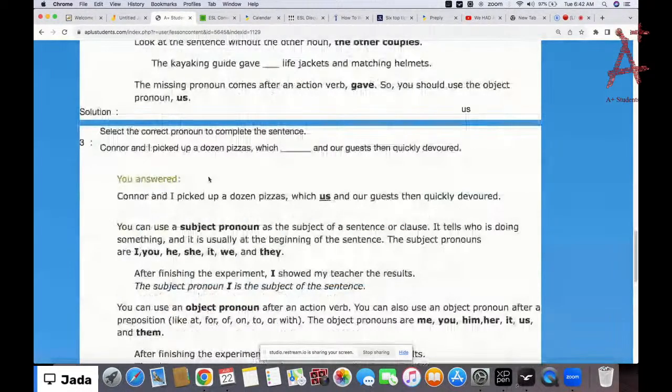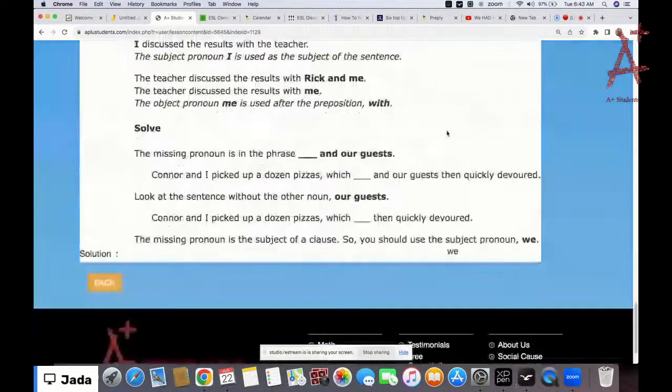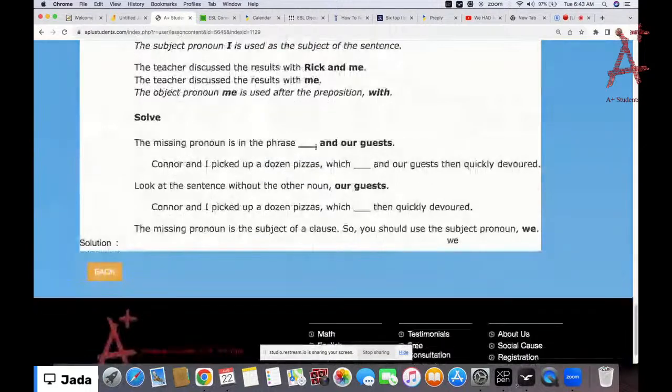So: Conan and I picked up a dozen pizzas, which Dash and the other and our guests then quickly devoured. Now you're going to remove the additional phrase there, "and our guests." You remove that, and then let's see what's the suitable answer.